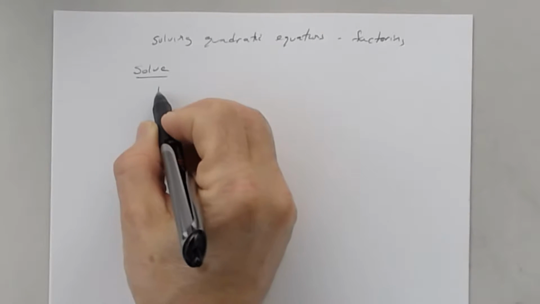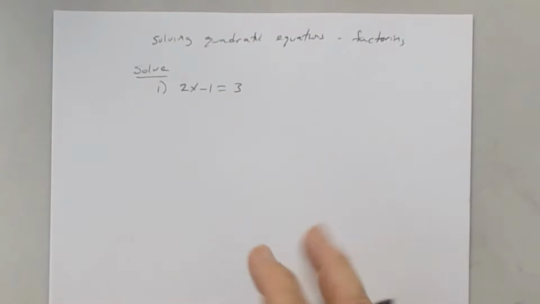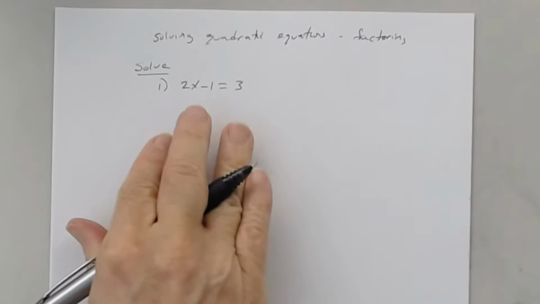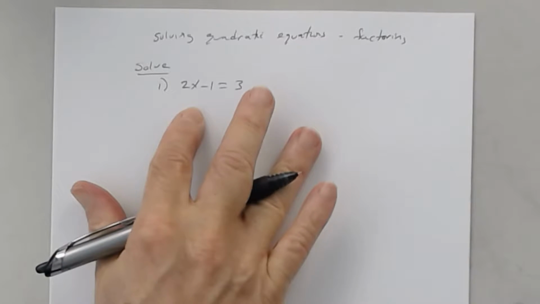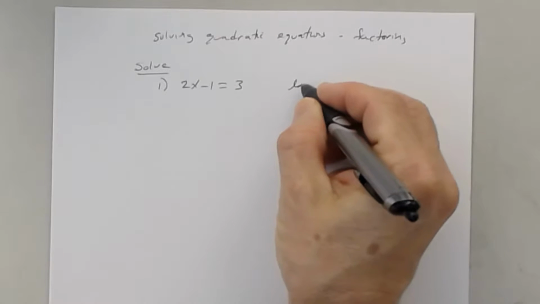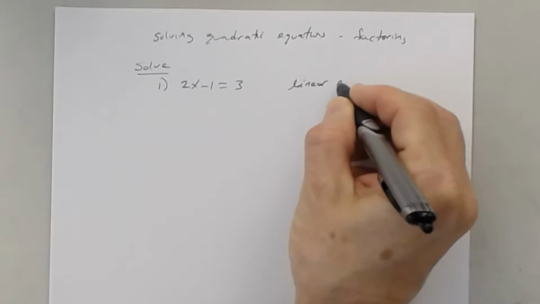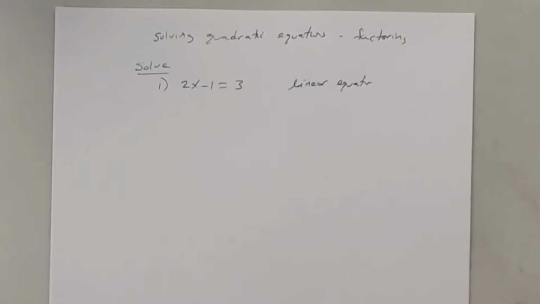And let's suppose I had this equation, 2x minus 1 equal 3. Now that's not quadratic. What kind of equation is this? Linear. All right, so how'd you solve this linear equation? So this, remember, is a linear equation. So how did you solve a linear equation? What was the idea behind solving a linear equation?